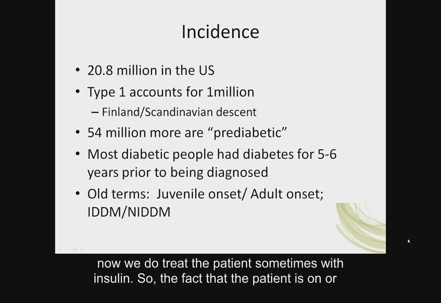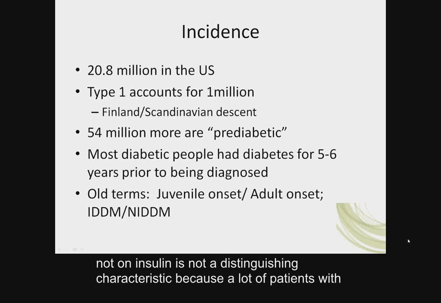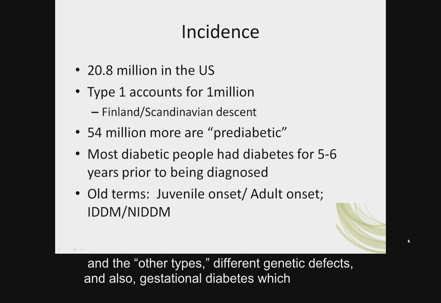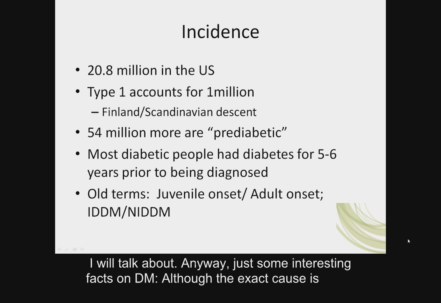So the fact that the patient is on or not on insulin is not a distinguishing characteristic, because a lot of patients with type 2 diabetes can be having insulin therapy. We're focused now on type 1 and type 2 diabetes and the, quote, other types, different genetic defects, and also gestational diabetes, which I will talk about.